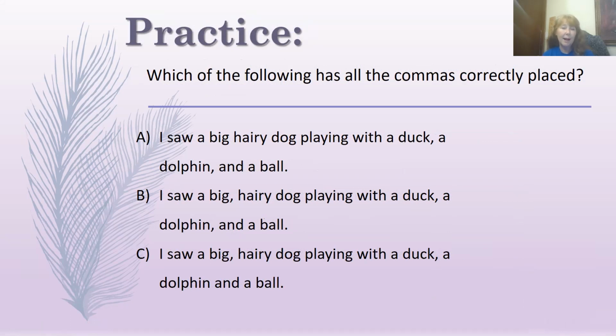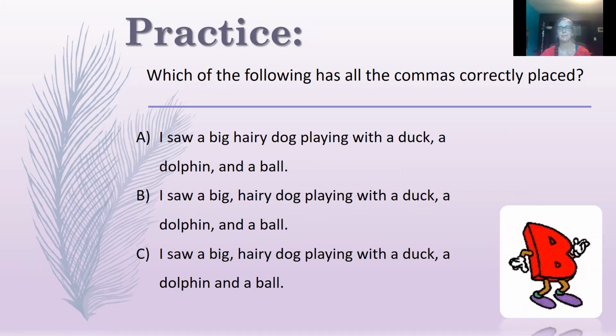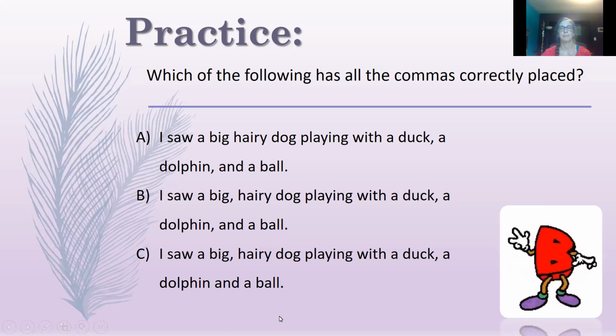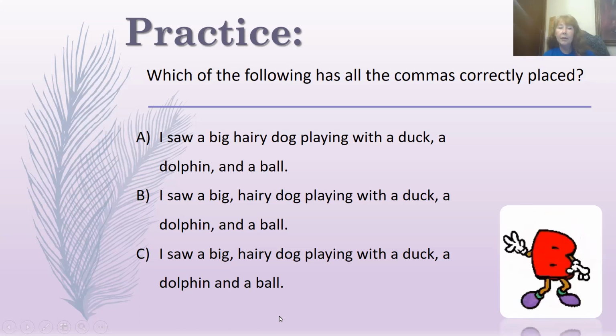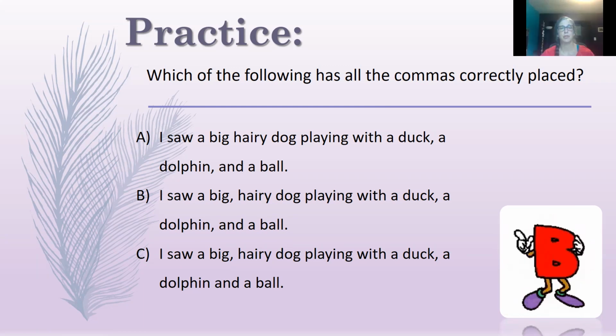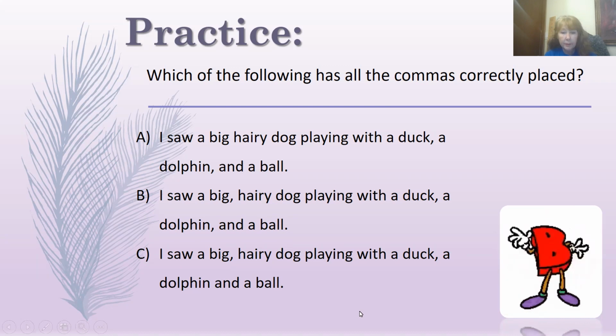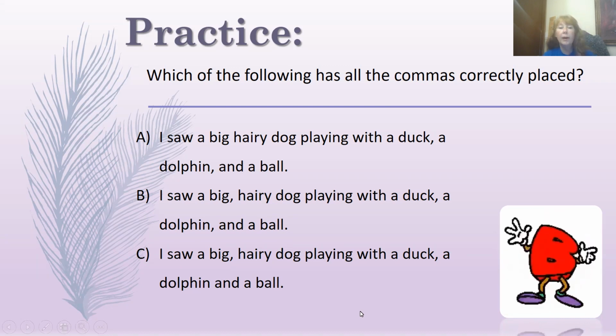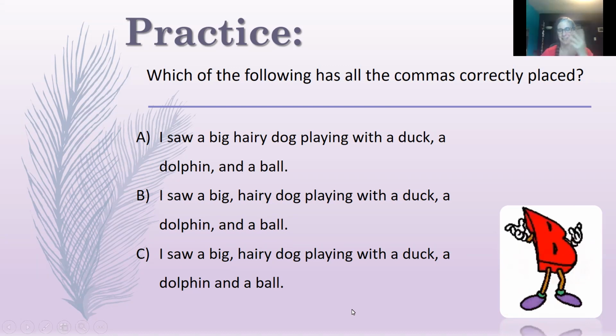Okay, so I think that the correct one is B. Good job. So what's wrong with A? The big and hairy both describe dogs, so it needs a comma. Okay. And what's wrong with C? There's no comma before and. Because you're connecting three things.